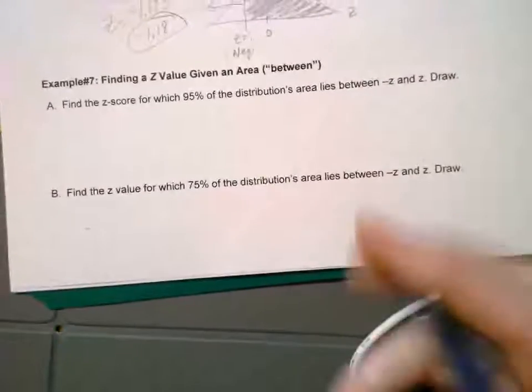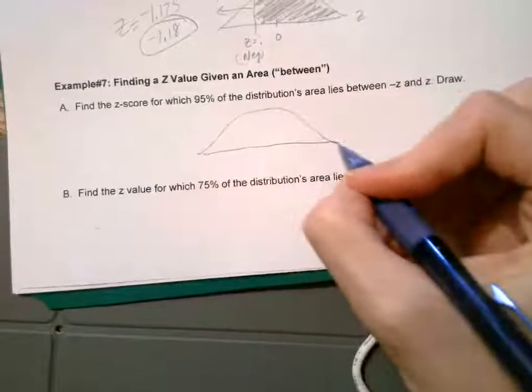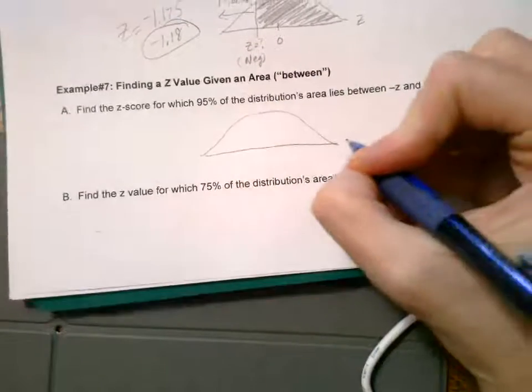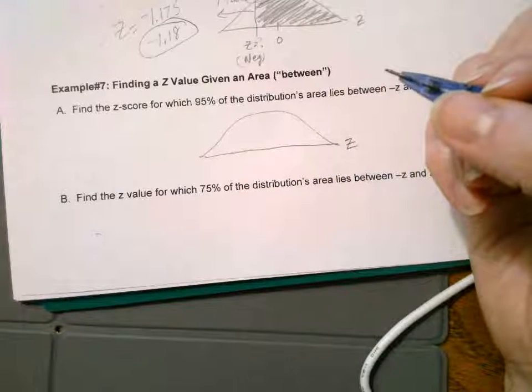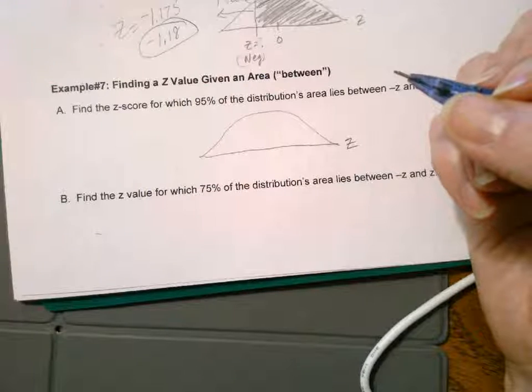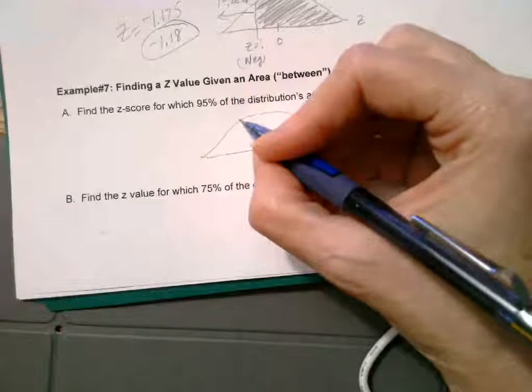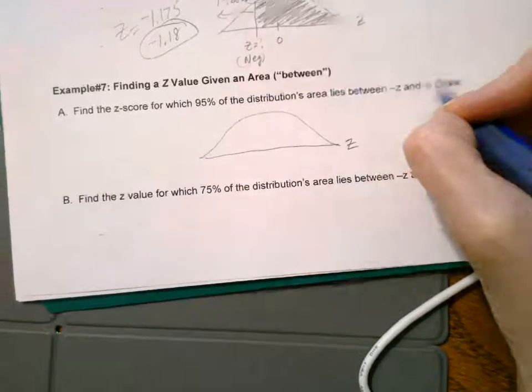Last one on the page, find the betweens. All right, 95% of the distribution area lies between a positive z and a negative z.